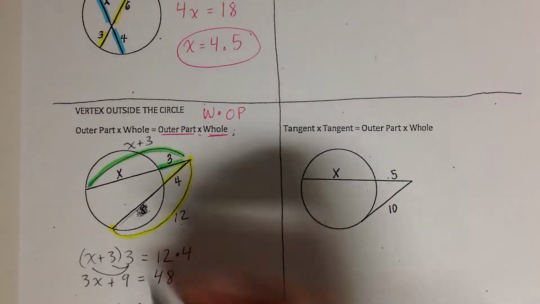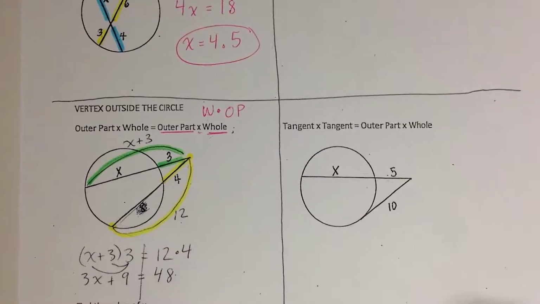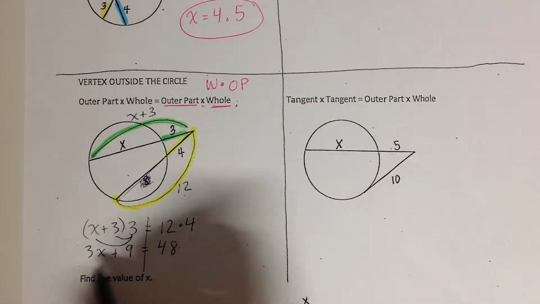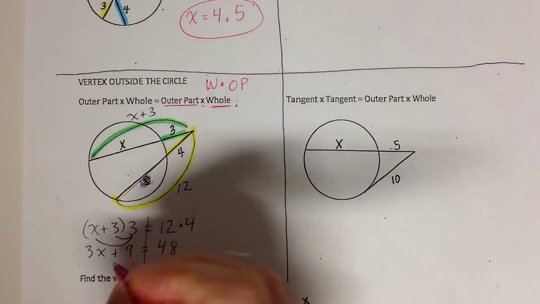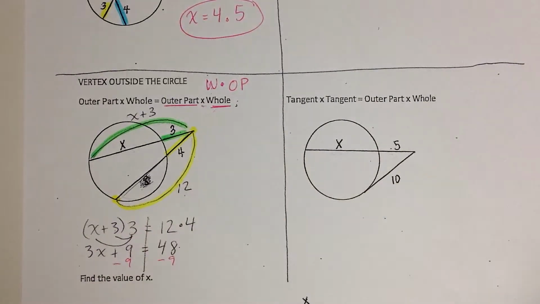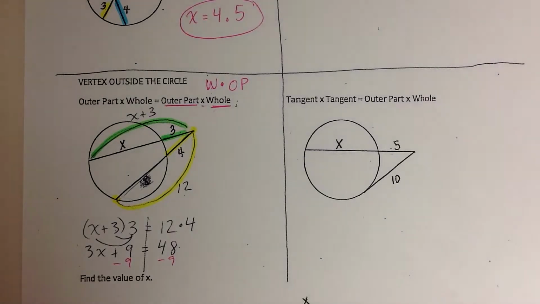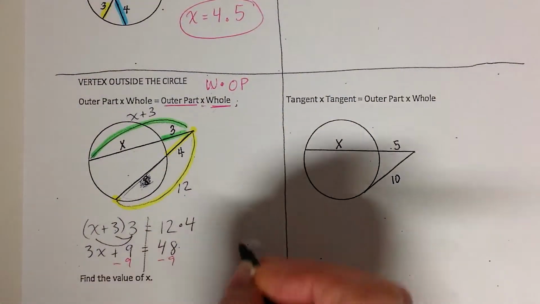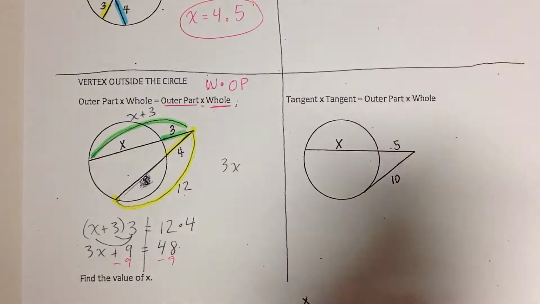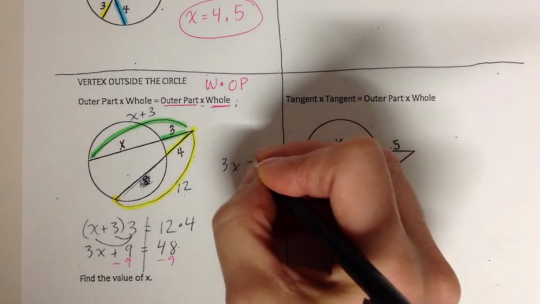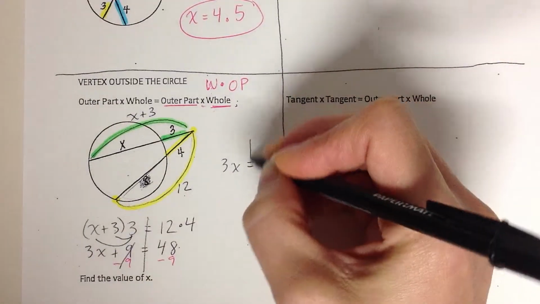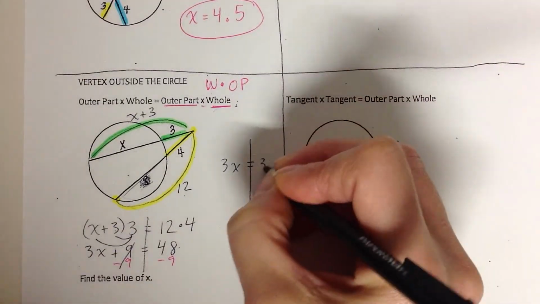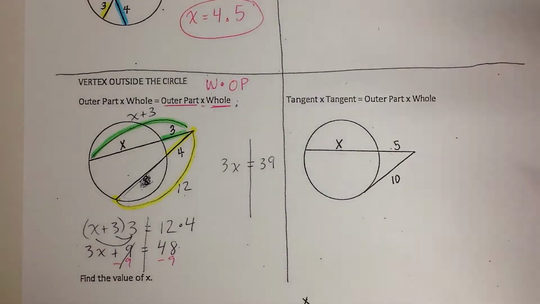Multiply there. Okay, we're solving now. We're done simplifying, so we need to get our 9 to the other side so our x is alone. 48 minus 9 is 39. So I have 3x equals 39.